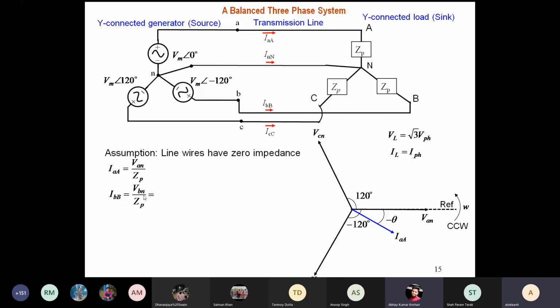VBN is VAN angle minus 120, it is just VAN shifted by 120, divided by ZP. And this is basically equal to IA angle minus 120. So if you rotate the A phase current by 120 degrees, you get the B phase current. It is located somewhere here.